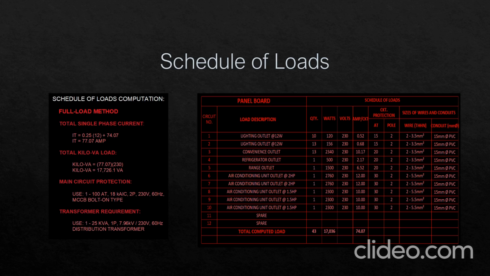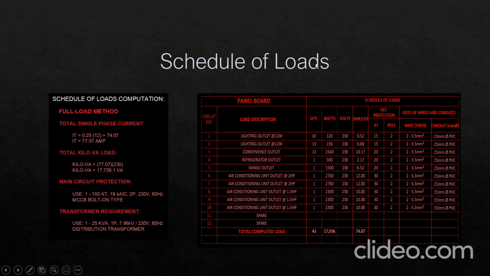The schedule of loads. The method I use is the full load method since it's more accurate than the area method and it's simpler than the area method. The formula is 0.25 times the highest current in the loads plus the total full load current in the loads.